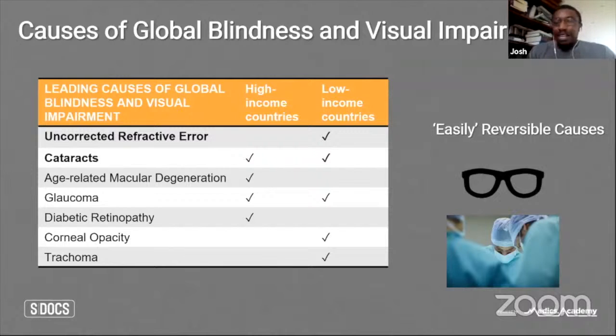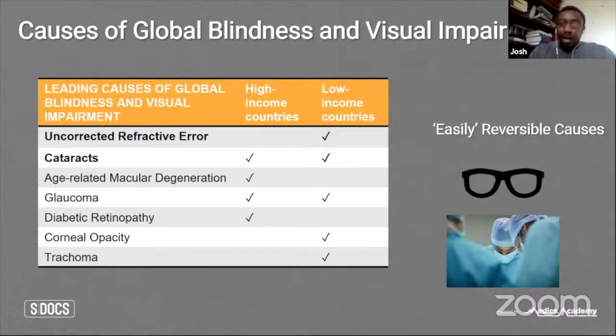Cataracts as well, I've classed as an easily reversible cause because you do need surgery to fix cataracts, but actually cataract surgery is quite well known for being efficient. It's very cheap surgery to do. The benefits that you get from cataract surgery have a really well-known public health model of being economically efficient, because the person has their sight regained through the surgery, and they're able to not have falls.